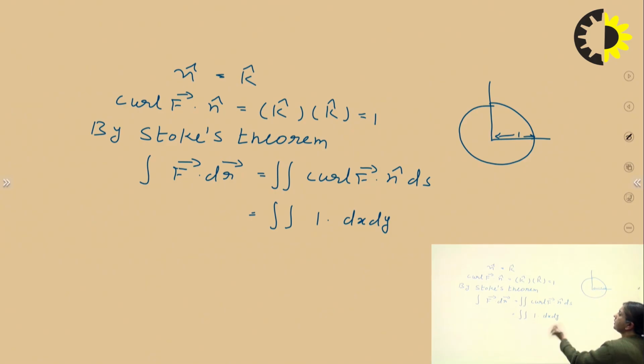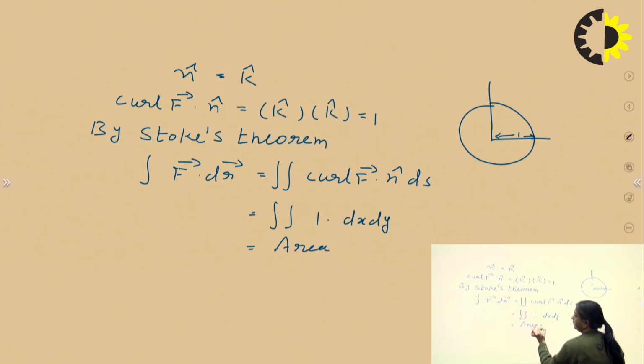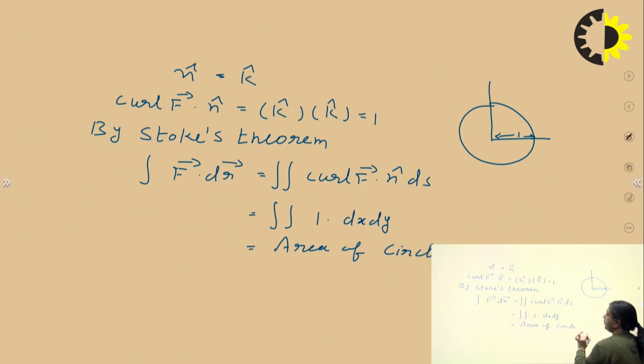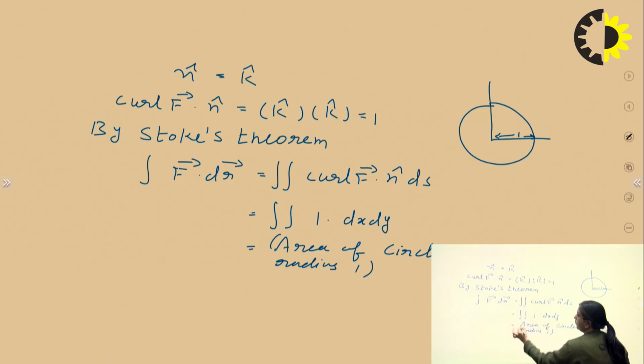So for the unit circle, if we find the double integration of dx dy, that means the area of the circle. What will be the area of a circle with radius 1?